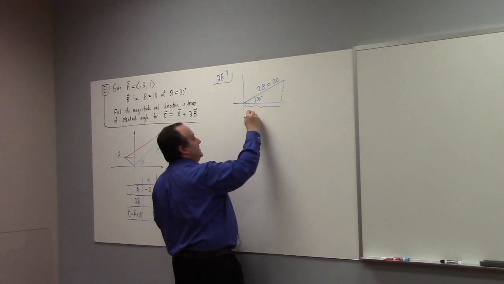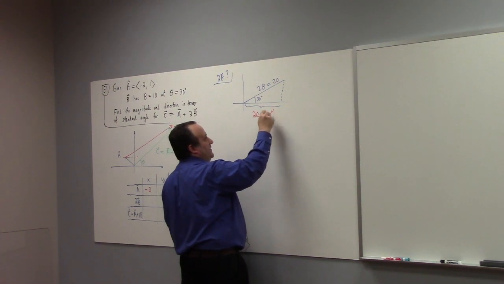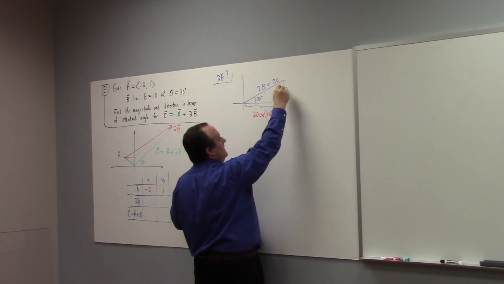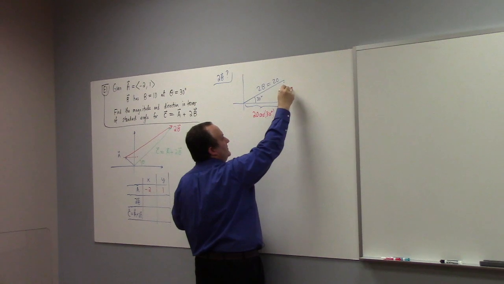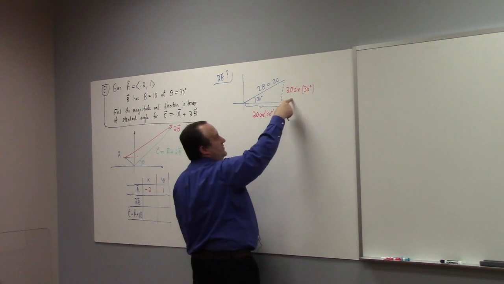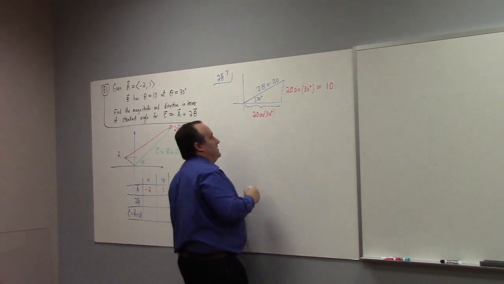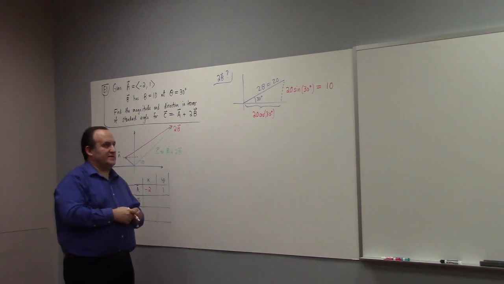Okay, so I heard a 20 times cosine, right? And this up here would be what? 20 times sine, right? I happen to know that sine of 30 is 0.5, so this is 10. And cosine of 30 is about 0.866.